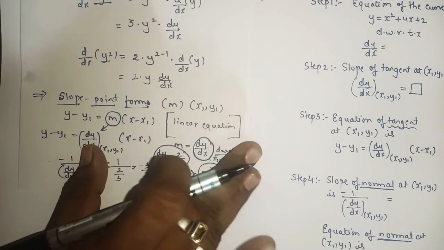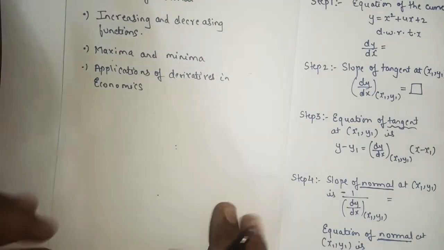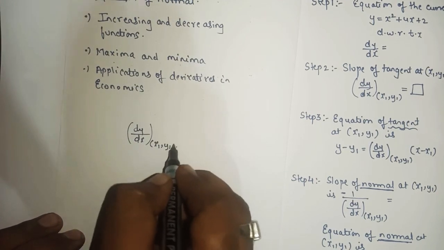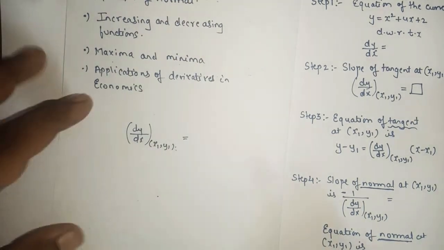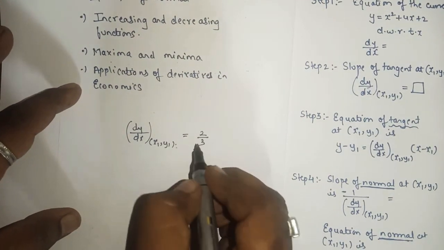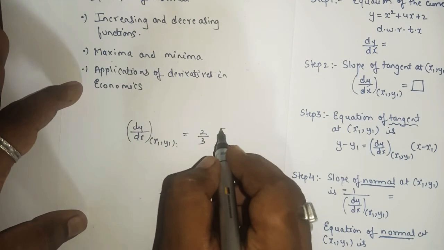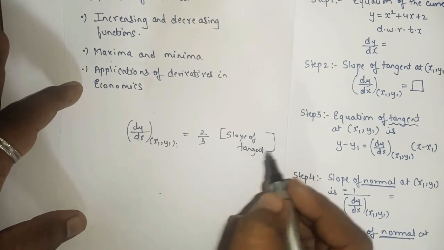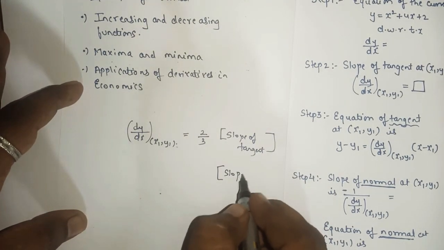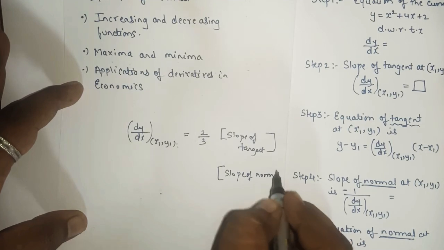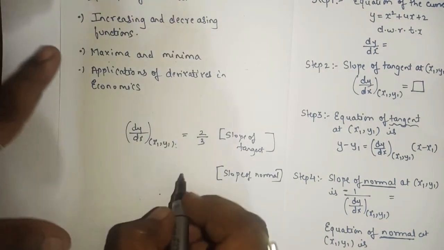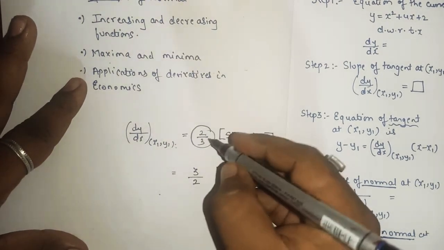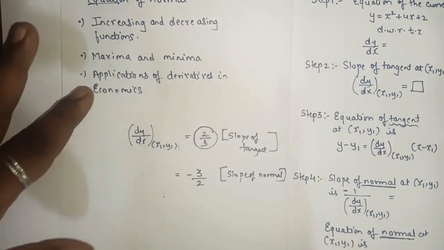Remember this. Once again I will explain here. Suppose you are getting dy by dx after replacing the value of the x1, y1 coordinate, suppose you are getting 2 by 3 as an answer, so this slope is for slope of tangent. Now suppose you want to find the slope of normal, normal means perpendicular. If you want to find the slope of normal, simply write this number in reciprocal form with the opposite symbol, that's it.